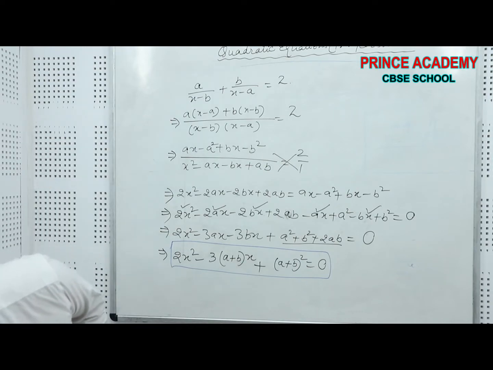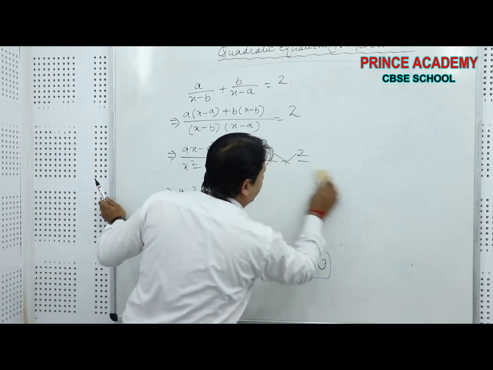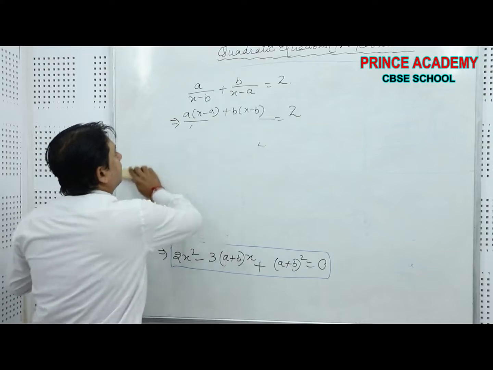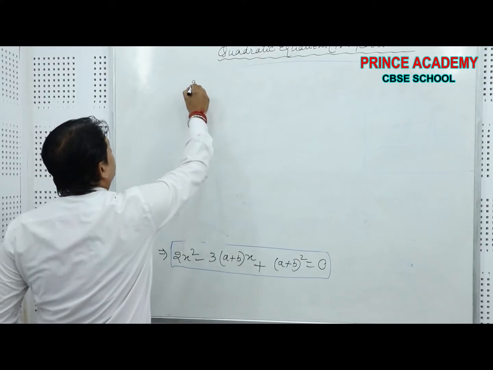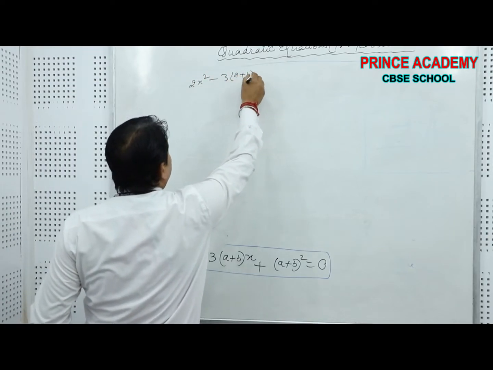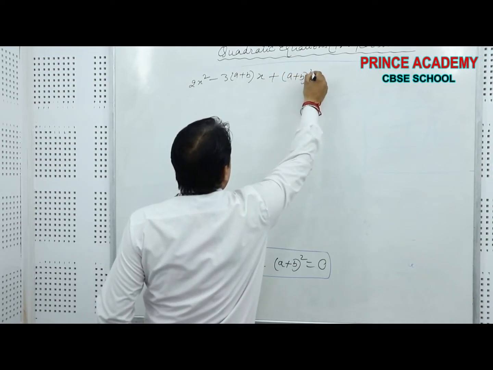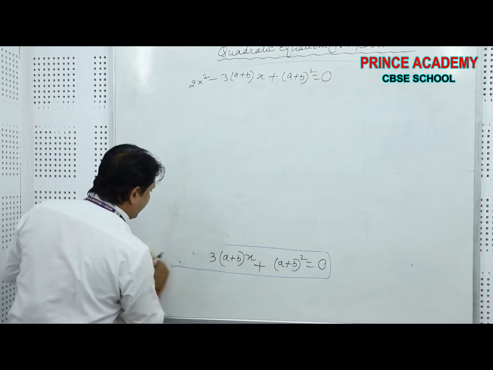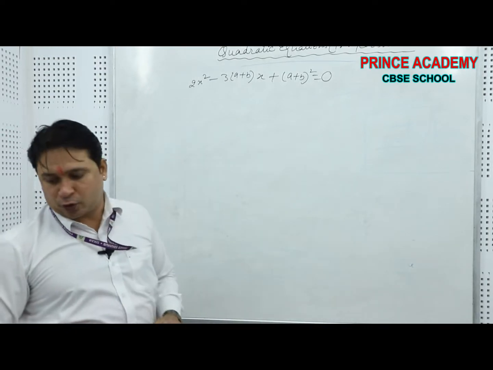Now see beta, now we will solve the quadratic equation formed here. The quadratic equation formed is 2x square minus 3(a plus b)x plus (a plus b) whole square is equal to 0. This is the quadratic equation we have to solve.